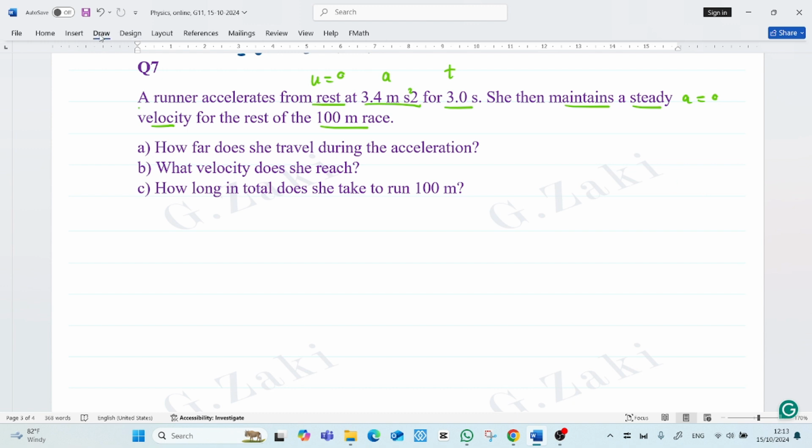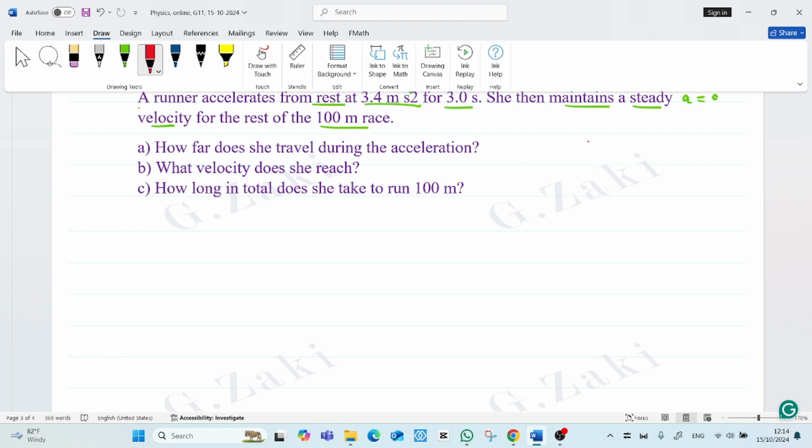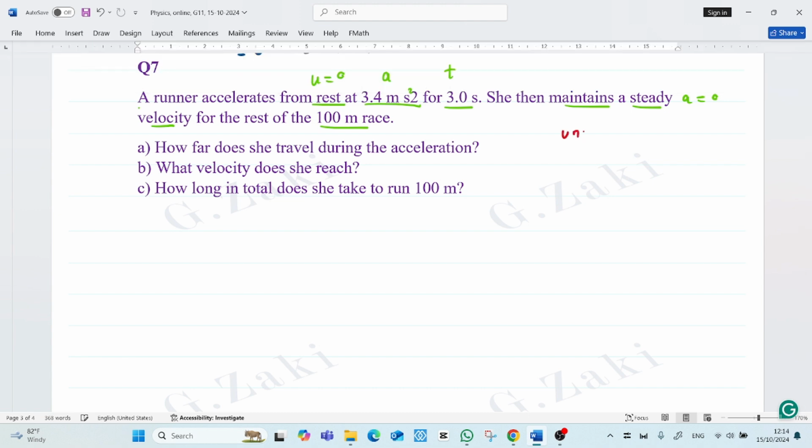Now, remember, we have two cases: uniform acceleration, or constant acceleration, and another case, uniform velocity. For uniform acceleration, we use one of the 3 or 4 formulae: V equals U plus AT, S equals UT plus half AT squared, V squared equals U squared plus 2AS.